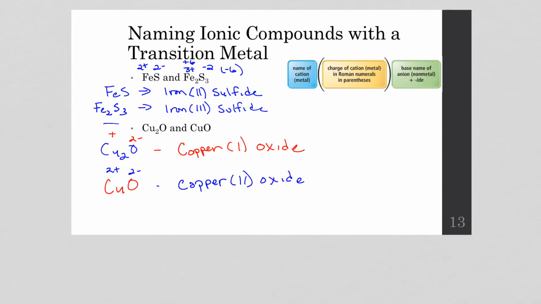So when we're dealing with a transition metal, or metals that can have more than one charge, we use the same basic naming system, same basic strategy, except we include the charge on the metal as a Roman numeral to distinguish one from the other when we write the name.